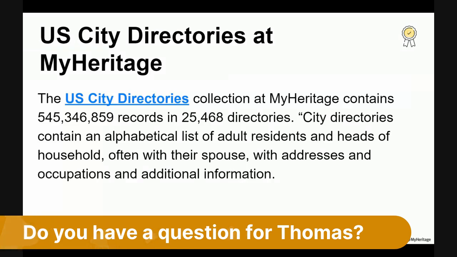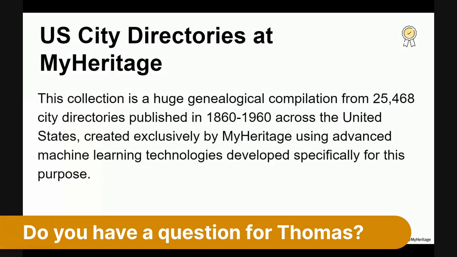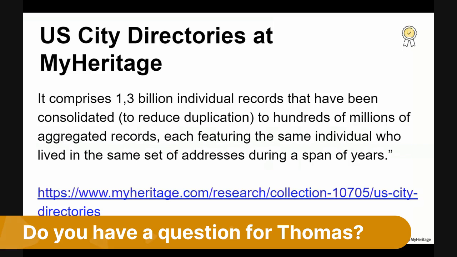So we're here for using city directories, my top 10 tips and tricks. Now, I'm not going to go really in depth into the background on city directories, and we're talking mostly US city directories. They do exist internationally as well, but that is in the handout, and Esther is going to post the link to that. But you have to keep in mind, prior to the telephone book, most towns and cities had these small directories.